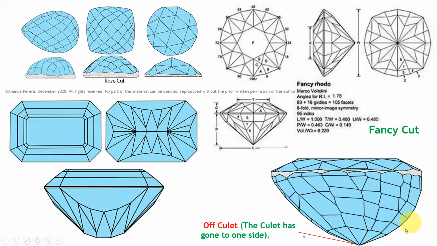Here it is more convex than this side. So we have to recut this. We have to shape this and get the culet to this side. This error occurs because of a doping error. Before cutting, we have to dop the stone to the stick and use the faceter to facet.